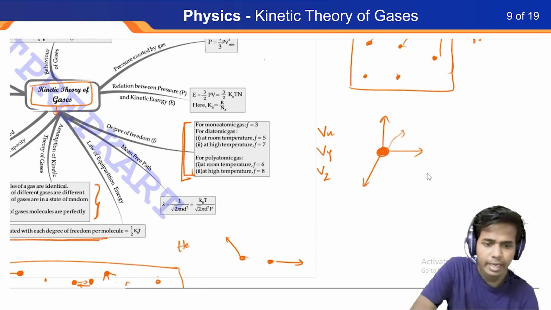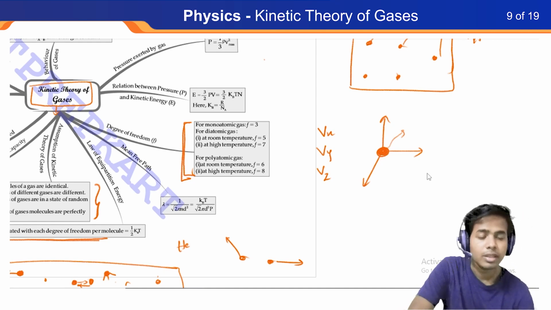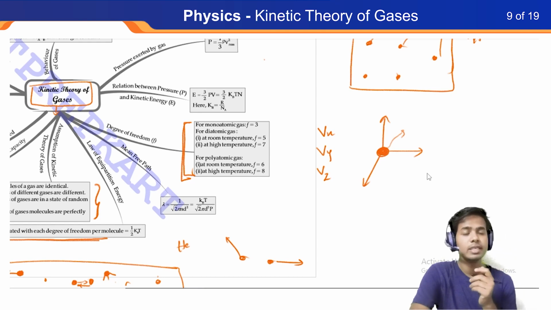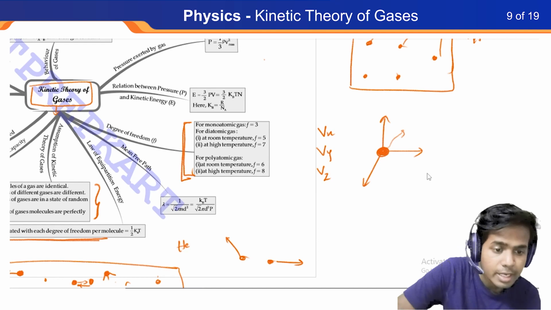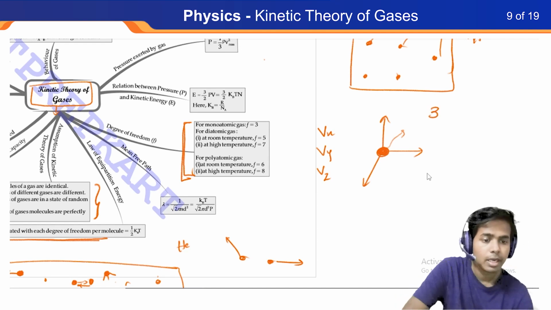So I can say that the number of ways in which it can possess energy in the form of kinetic energy is 3, and that is called degree of freedom. Degree of freedom means in how many ways it can move.